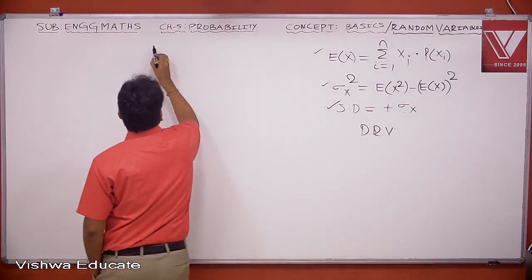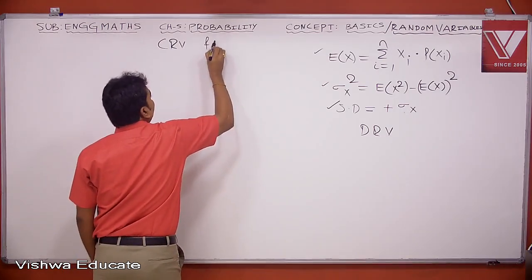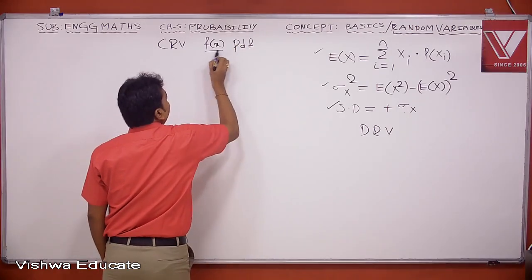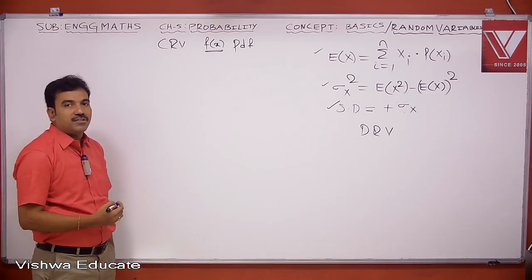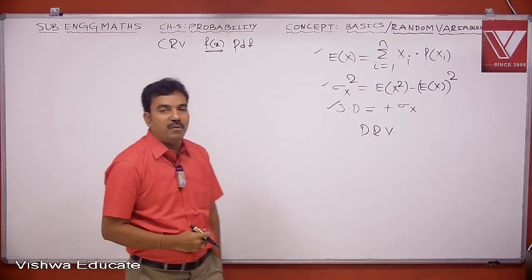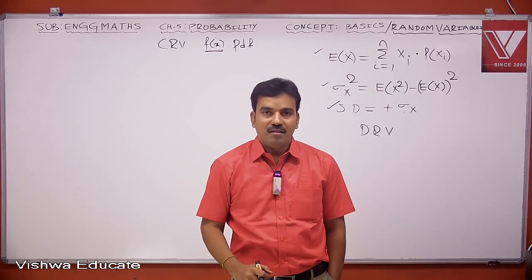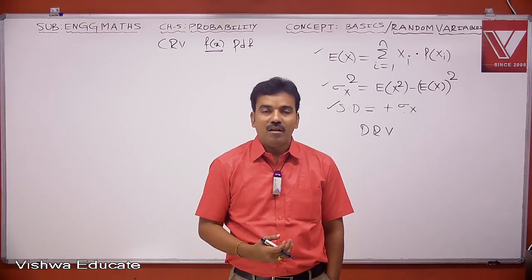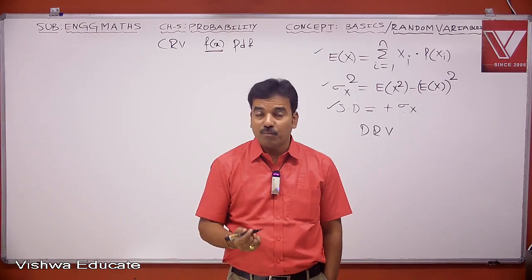Suppose I have a continuous random variable. Assume that the PDF is f of x. That means f of x is nothing but a probability distribution function. In the case of a discrete random variable, probabilities are mentioned individually for all the sample points. In the last session, we saw probabilities of a discrete random variable: probability of point 1 is 0.7, probability of point 2 is 0.3.